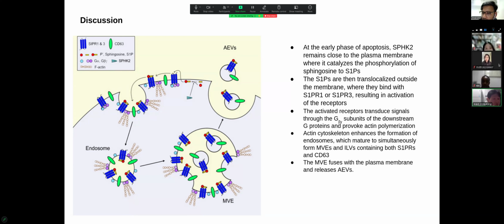Before the start of the cell death associated EV, CD63 and SMPR1 previously existed as cytosolic vesicles, and they abruptly move to the plasma membrane. Do you remember? So in this kind of cell death associated exosome biogenesis, SMPR1 movement to the plasma membrane is the first step.